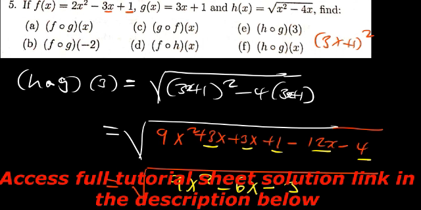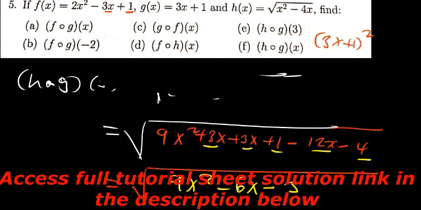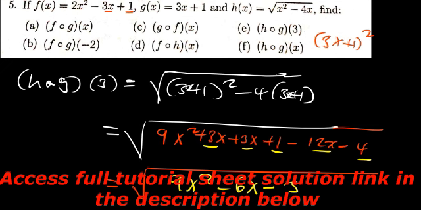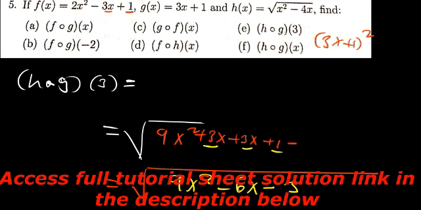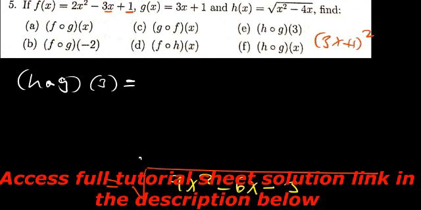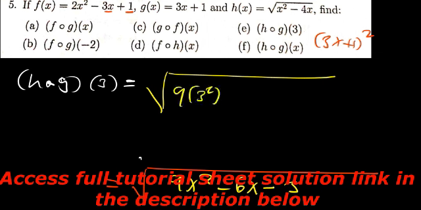So now they're telling us that after finding that, where there's x now, we plug in what? We put 3. That's what they want us to find. So it will be 9 times 3 squared minus 6 times 3 minus 3.